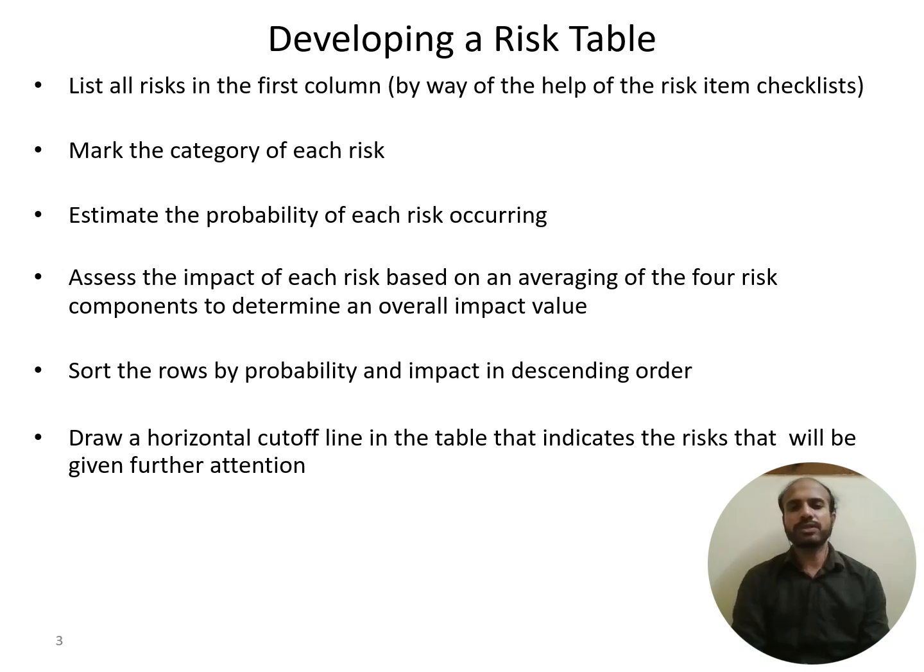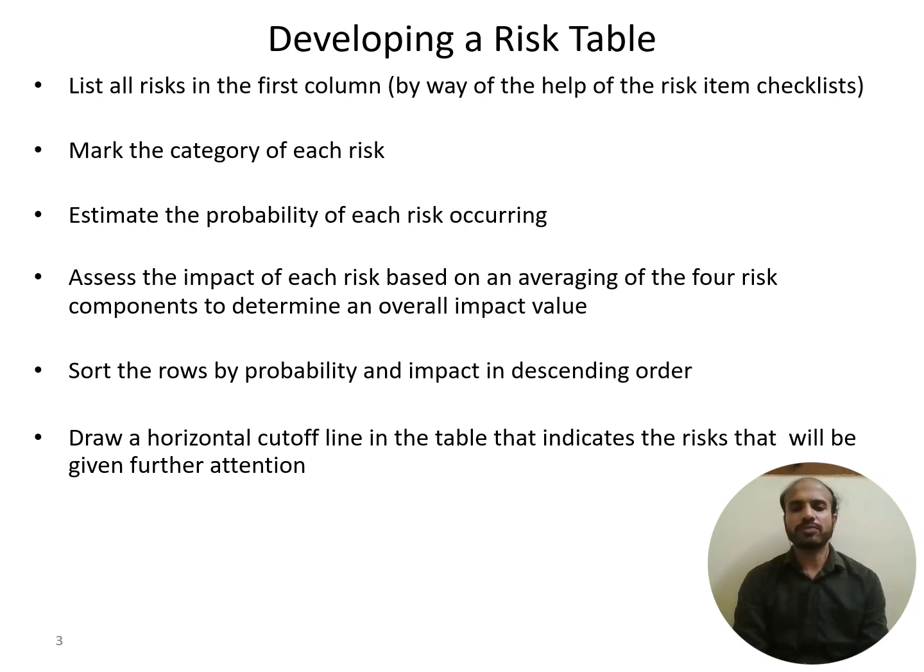So developing a risk table, what is the significance of this? Here you will list all the risks in the first column with the help of the risk item checklist. Then you mark the category of each risk. After you mark the category, you estimate the probability of each risk, that is, to what extent it may occur.